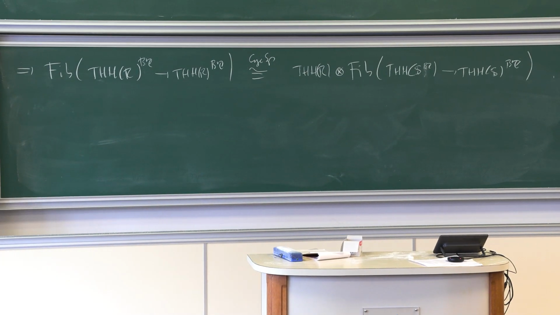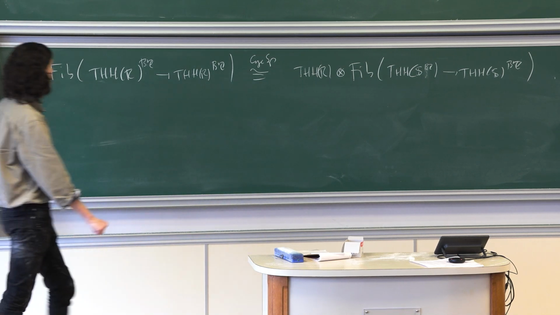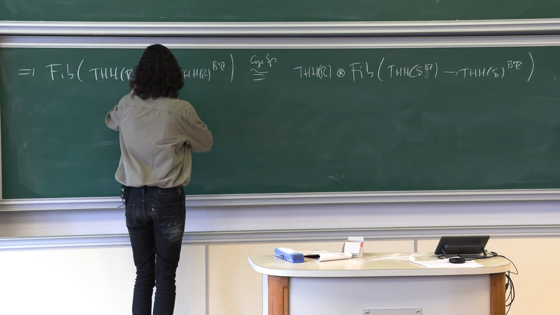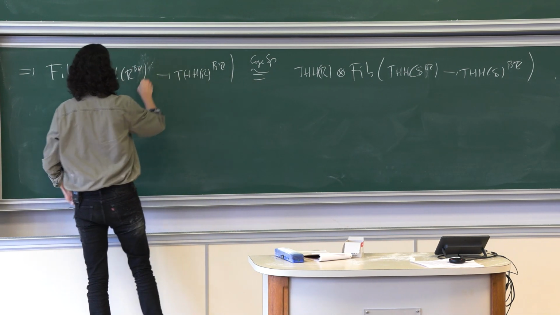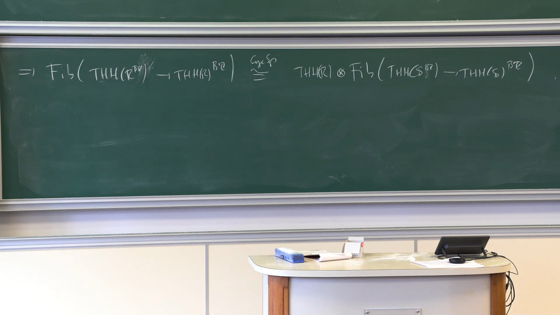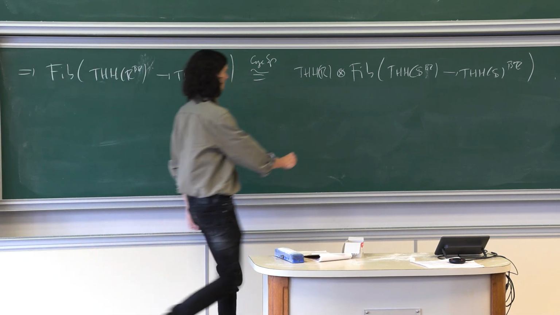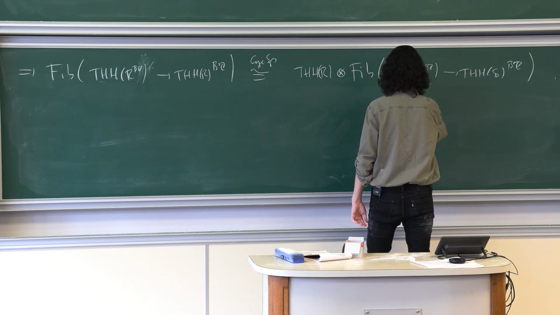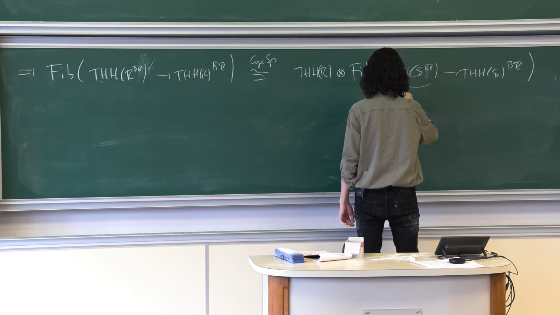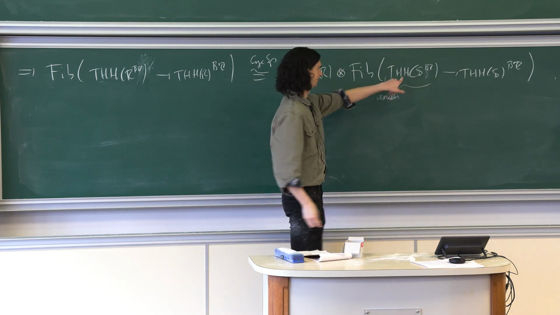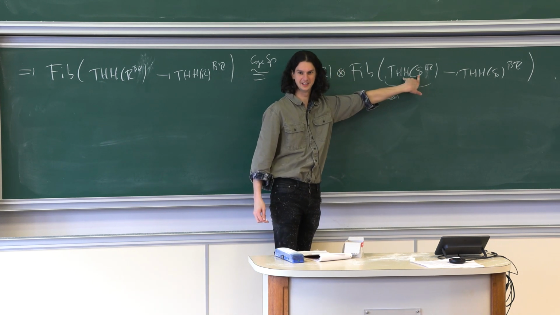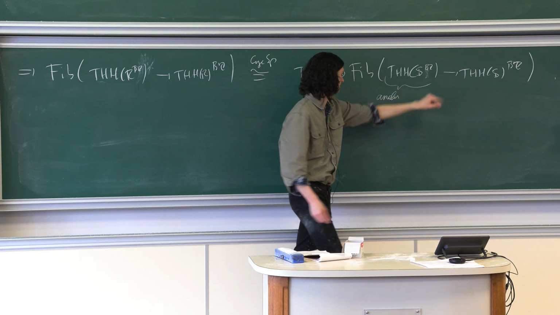Now this was analyzed by, so this is the key thing where we're going to see infinite stuff pop up, is in analyzing THH of S to the BZ.